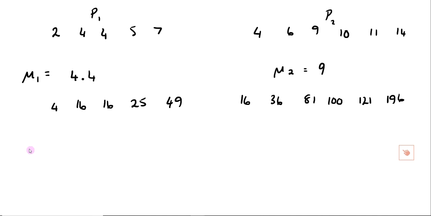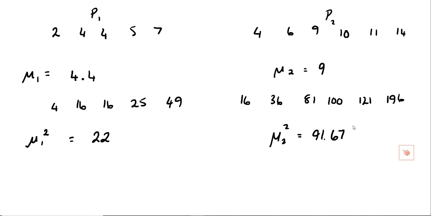So what would mu1 squared be? 22. Okay. And mu2 squared? 91.6. Okay, just rounded it.